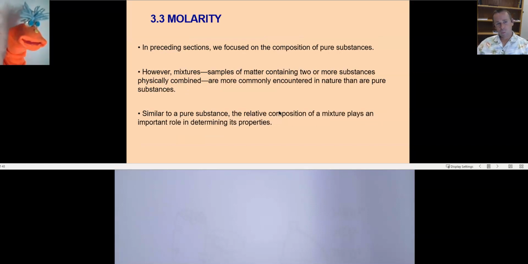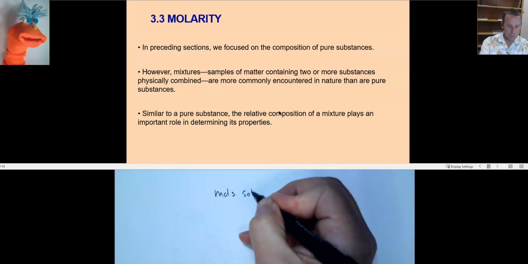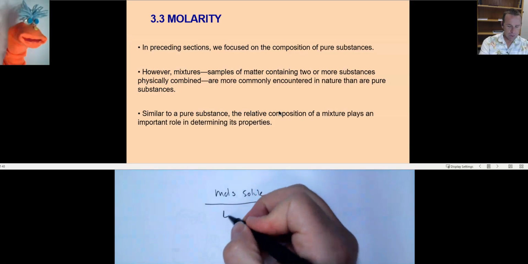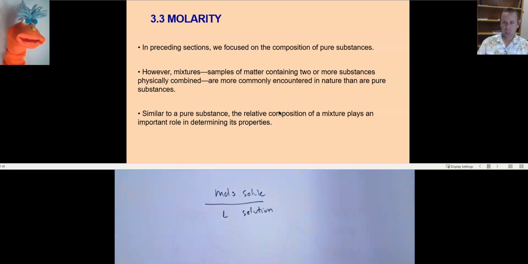And then the way that we express the concentration of our solutes in solution, the preferred way is what we call molarity. Molarity. It tells us how many moles of solute there are for every liter of solution. All right, this is what we call molarity.